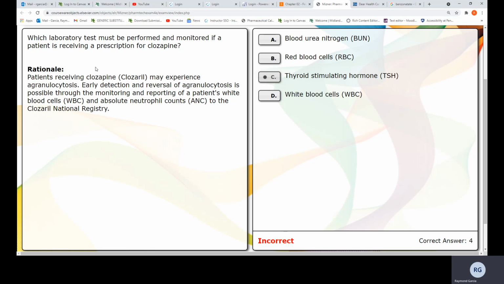Patients receiving clozapine, Clozaril, can experience agranulocytosis. Early detection and reversal of agranulocytosis is possible through monitoring and reporting of patients' white blood cells and absolute neutrophil counts to the Clozaril National Registry. And clozapine is for, again, the people who are on meth to make them not as dependent.